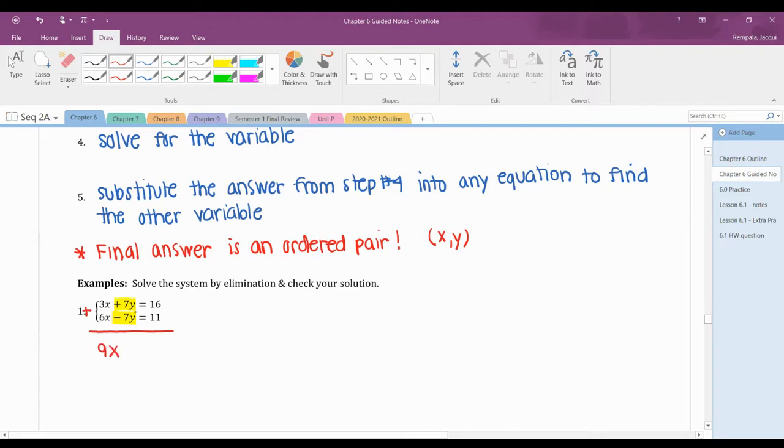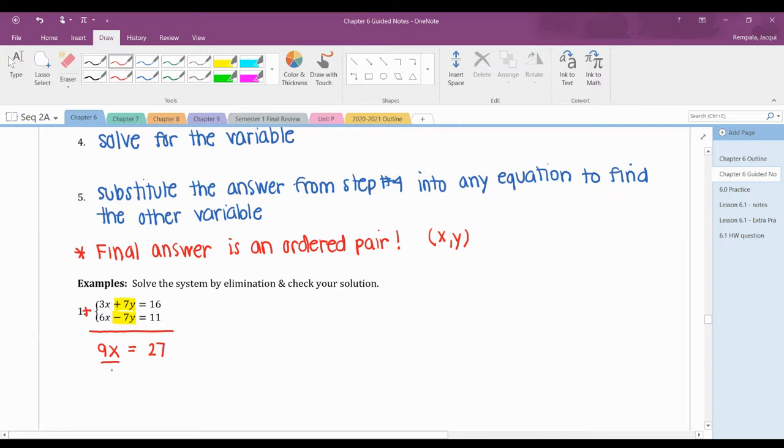Because the 7 and the negative 7 are opposites, well, 7 plus negative 7, that's 0. So I'm not going to actually cross it off, but those disappear completely. You can't have 0 y's, so I don't even have to write it. I then just put equals, and now I'm going to add the numbers over here on the right. 16 plus 11 is going to give us 27.